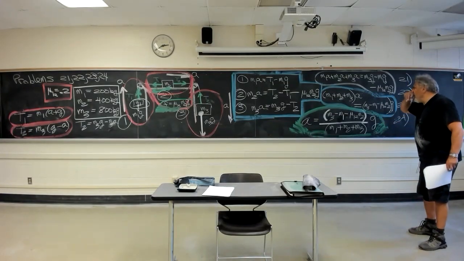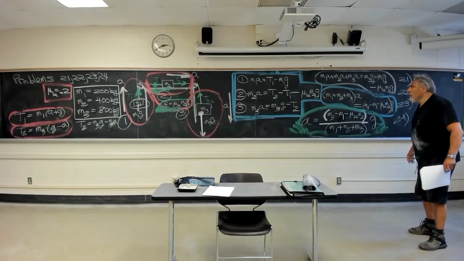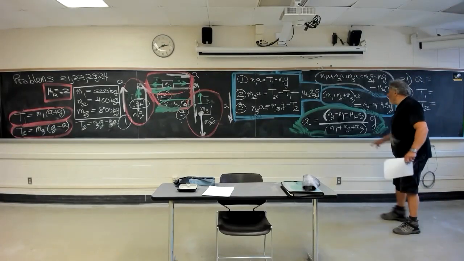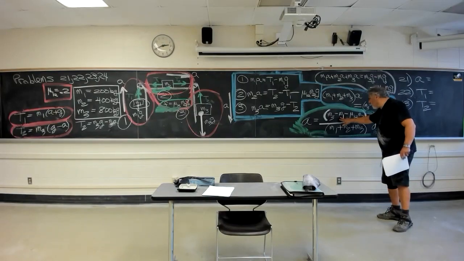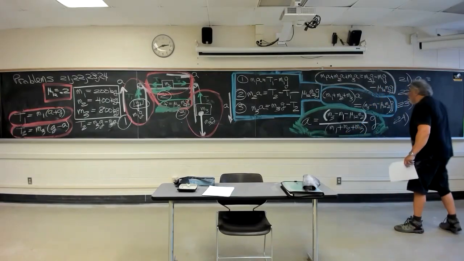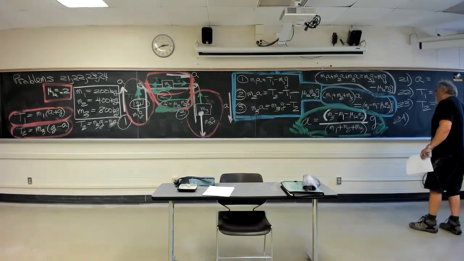Looking at this right here, you've got 800 minus 200, which is 600. Remember, we had 600 over 1400, which gave us the 3/7 that we were talking about, right?